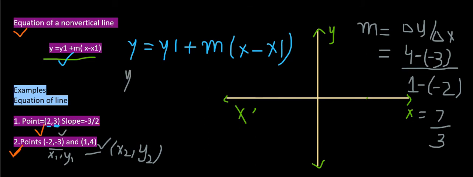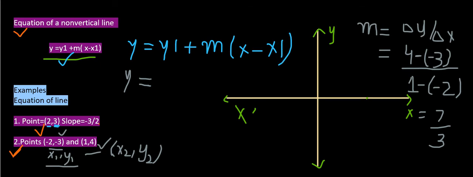Suppose I am using y2, I'm using this value. You can use both values to find the equation, but simply you need to name it as x1 and y1, or if you want to use x2 and y2, simply name it as y2 and x2 over here.